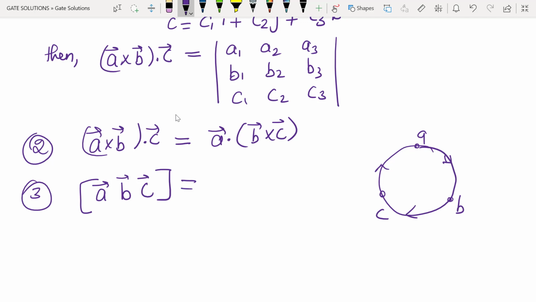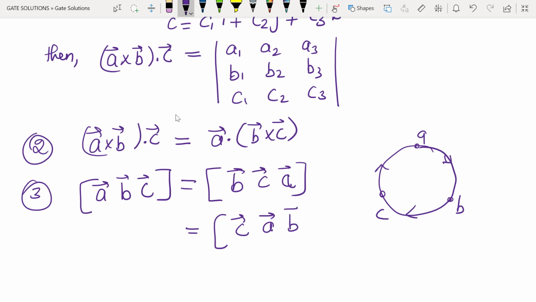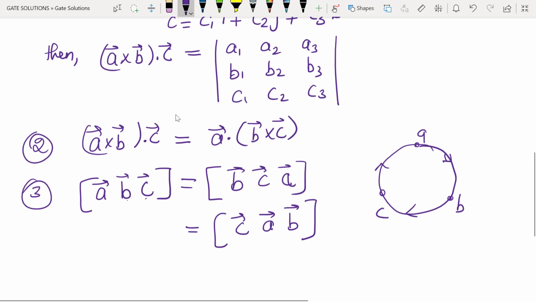This means this is equal to B vector, C vector, and A vector, and this is also equal to C vector, A vector, and then B vector. We can see that A, B, C here is a clockwise cycle, then B, C, A is also clockwise, and C, A, B is also clockwise.